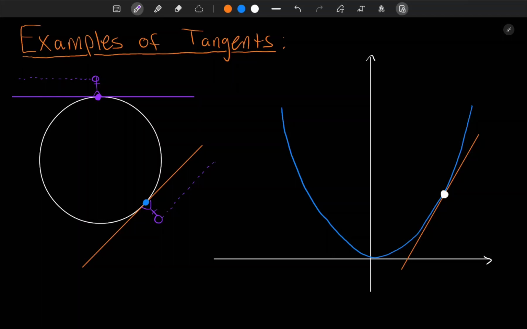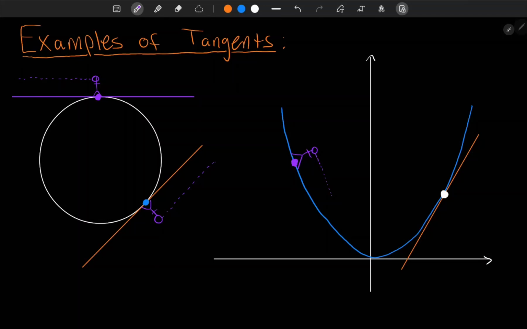Alternatively, we can consider the parabola on the right here. The graph that we wish to find tangents of is the blue one. Then let's consider a point on the left. We can consider just any point. I'll choose this one. And just like we did before, we draw a person above that dot and we have them look exactly straight.